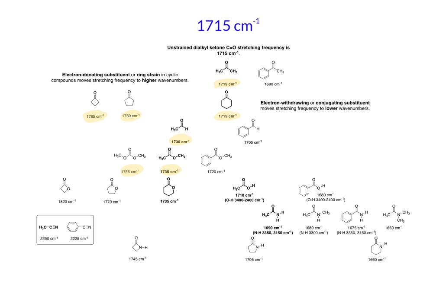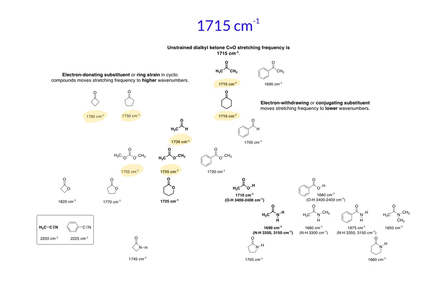As the strain of 5 and 4-membered rings slightly weakens the carbon-carbon sigma bonds, that electron density goes into the carbonyl group, slightly increasing the bond order and strengthening and shortening that bond, hence the larger frequency.